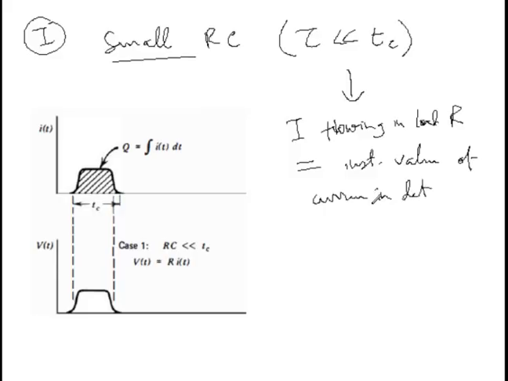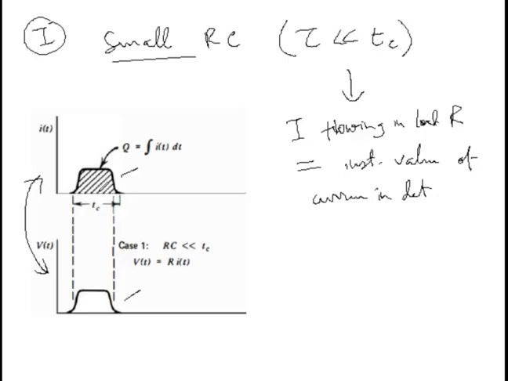Now, as you can see, on comparing the two cases, the signal voltage produced under these conditions has essentially the same shape, identical to the time dependence of the current produced within the detector, right?